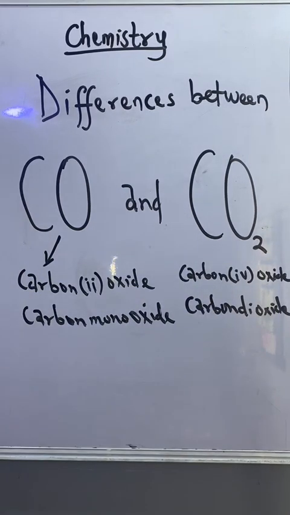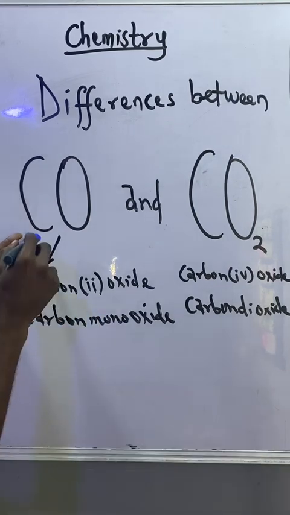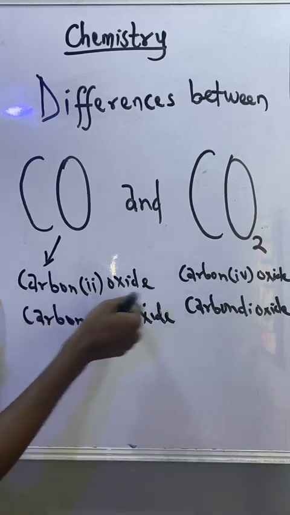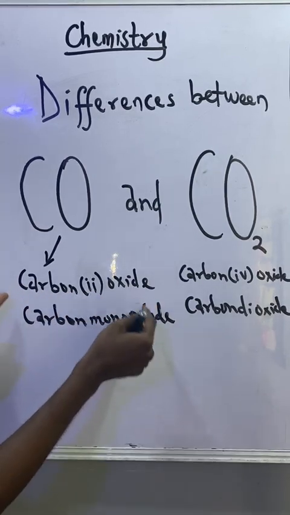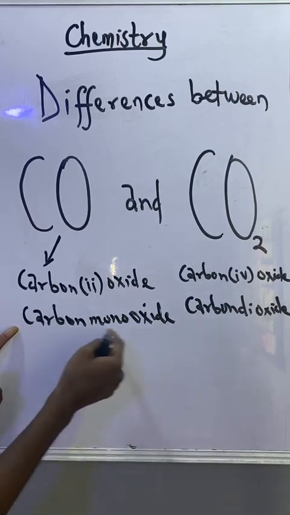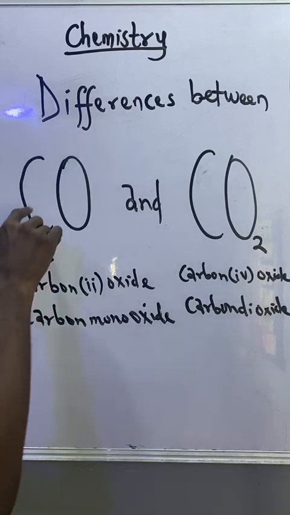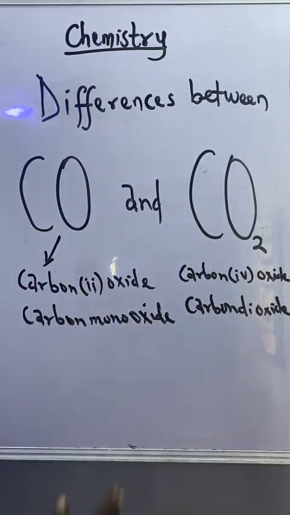Now, why do we call them this name? Carbon 2 oxide. Let me first explain the reason why we call it carbon 2 oxide before explaining the reason why we call it carbon monoxide. First, the element called carbon belongs to group 4 in the periodic table. Under those elements in group 4, they display variable oxidation number.